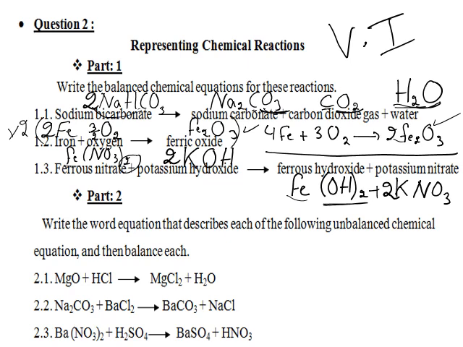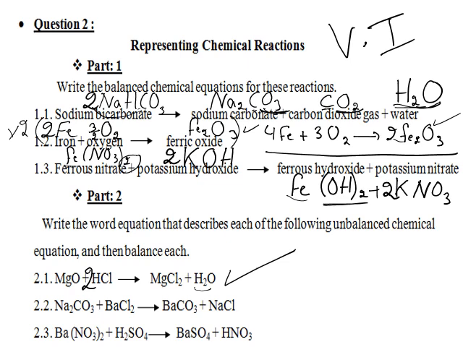Magnesium oxide plus HCl, hydrochloric acid, gives MgCl2, magnesium chloride, plus water. Let's move to balance this. Mg is balanced. Cl2, here we have only one Cl, so I have to multiply this by 2. 2H, this is 2H, this is balanced. Here we have 1O, 1O, so this is balanced.